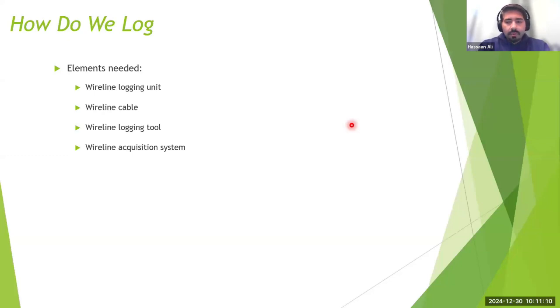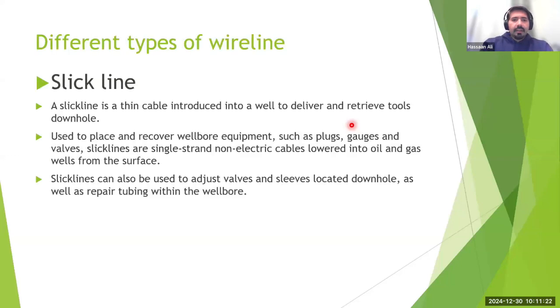Then there is a logging tool that is performing all the measurements, and then the wireline acquisition system, which is the data acquisition system that is located inside the wireline unit. Two types of wirelines. When we talk about wirelines, or the cable that is running between the wireline acquisition unit and the downhole logging tool, there are two types of cables that we talk about.